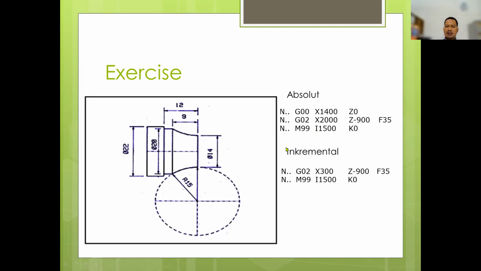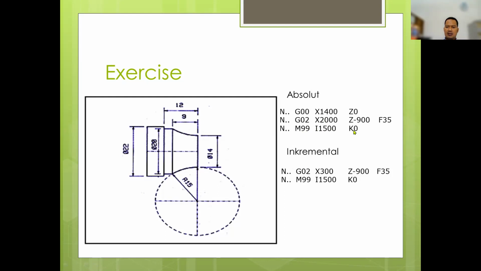I is the vertical distance from the starting point to the center point. And the K is the distance from the starting point to the center point, but in the horizontal direction.